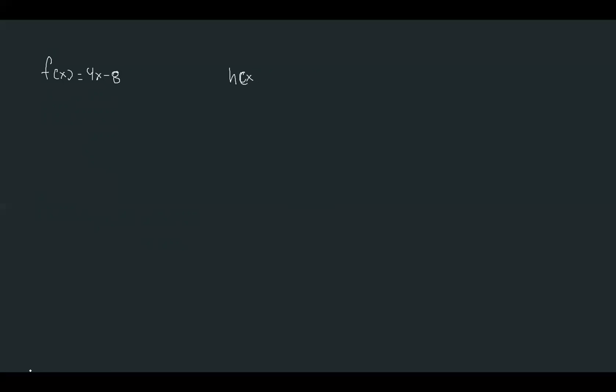So h of x is equal to x squared minus 4x plus 4. That's it. So what if we are asked to find f of 3 minus h of 1?